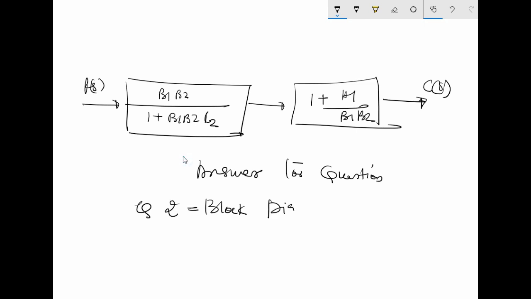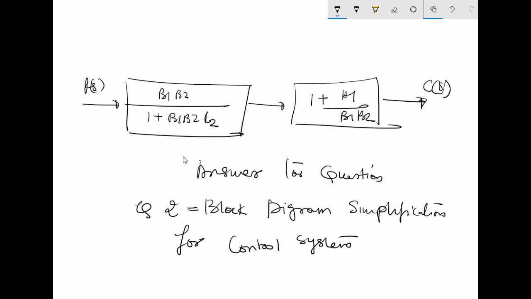Answer for block diagram simplification for control systems.